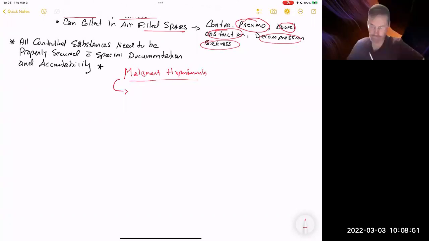I talked about how the pathophysiology of malignant hyperthermia is related to a faulty calcium channel in muscles. Do you want to remember the drug that's used? So the drug is actually a special calcium channel blocker. It's called dantrolene.